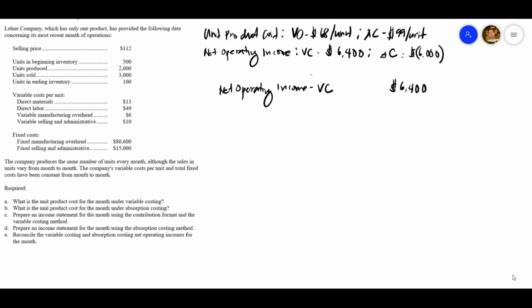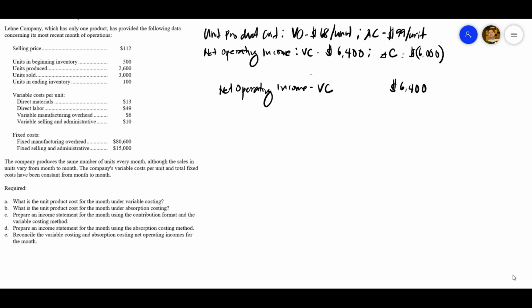Please do remember the rule. We have two kinds. If your units sold is higher than your units produced, then what will happen to the net operating income under variable and absorption costing? In this case, you have a higher income for variable costing as compared to your absorption costing.